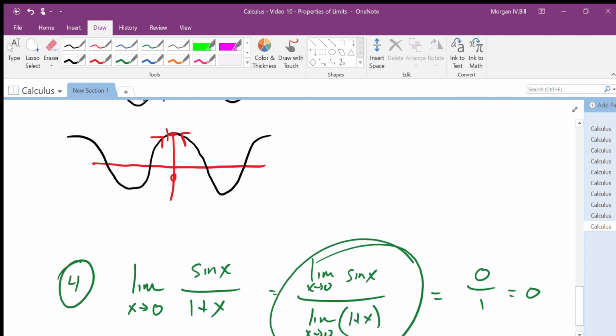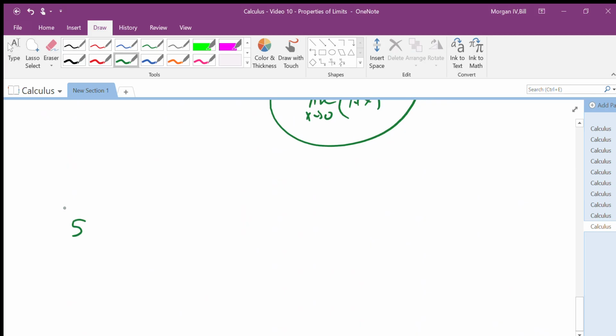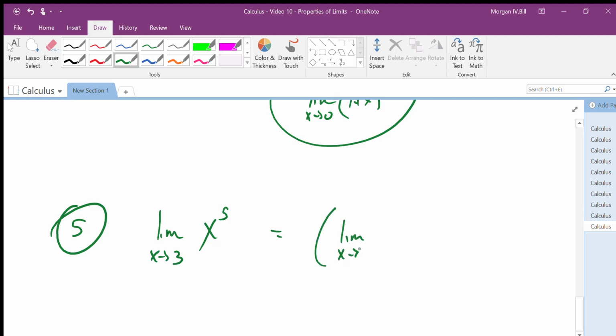We could think of it like the limit as x approaches 3 of x to the 5th, or we could think of it like this: what is the limit as x approaches 3 of x, and then raise that result to the 5th. Either way, you get the same answer.